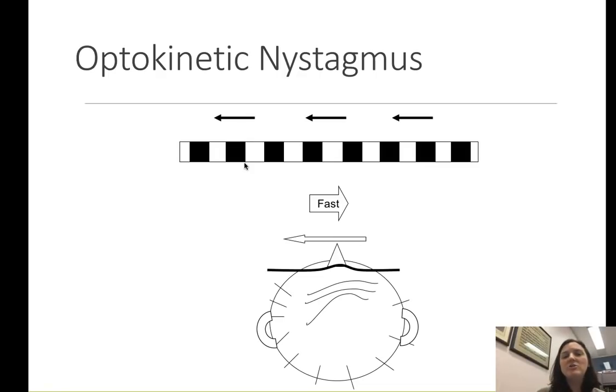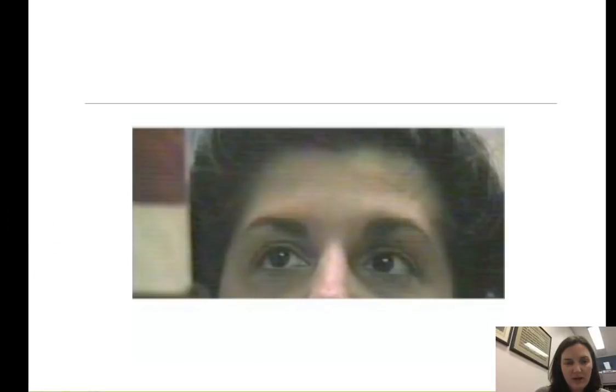And so when something's going quickly, you want to keep your macula directly on whatever you're looking at. But at some point, if you're following something, you've got to bring it back to continue to process information. So optokinetic nystagmus is a slow phase in the direction of the stimulus with a fast phase back. Okay? And I'm going to show you a video of OKN.